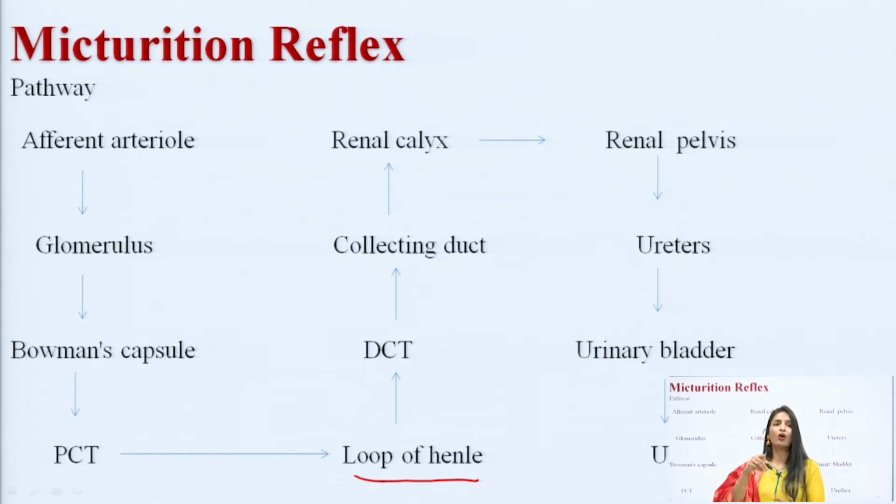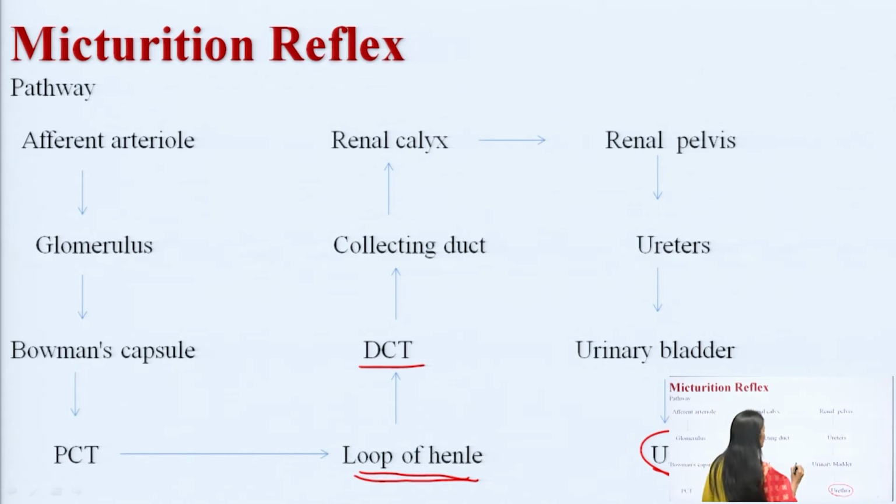From the proximal convoluted tubule to the loop of Henle, from the loop of Henle to the distal convoluted tubule, which is shortly named DCT, and from there it goes to the collecting duct, and finally the renal calyx, then the renal pelvis, and finally it enters the ureter, the urinary bladder, and finally the urethra.